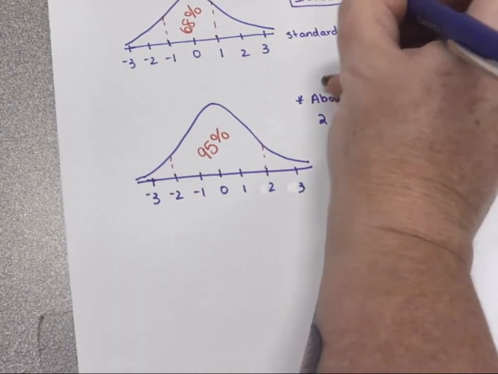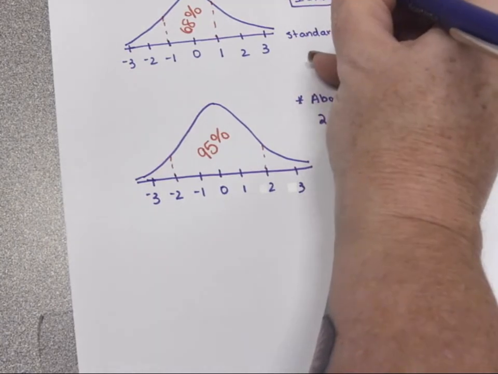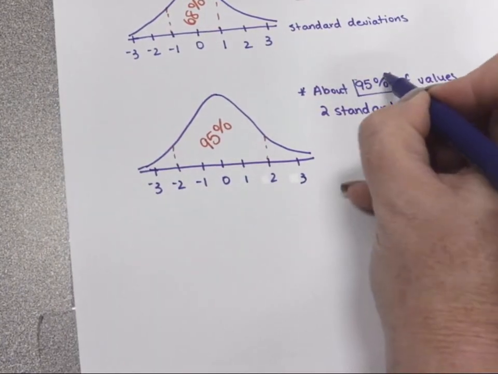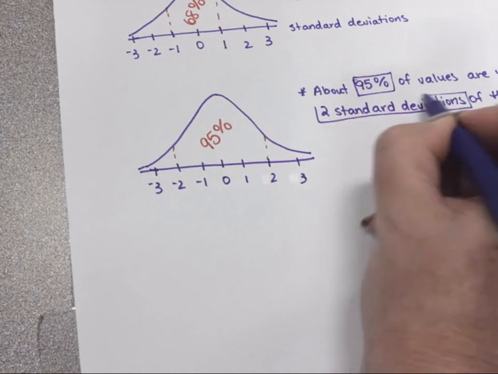I'm going to circle the significant information. 68% are within 1, 95% are within 2.